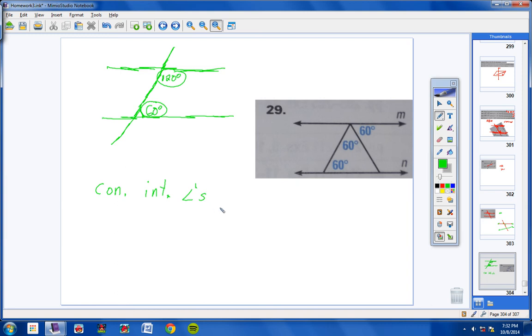Anytime that two lines are intersected in such a way that the consecutive interior angles are supplementary, then the two lines are parallel. And students, the last time I checked, 60 plus 120 is 180. So these two angles here are supplementary. So the consecutive interior angles are supplementary. Thus, these two lines are parallel.